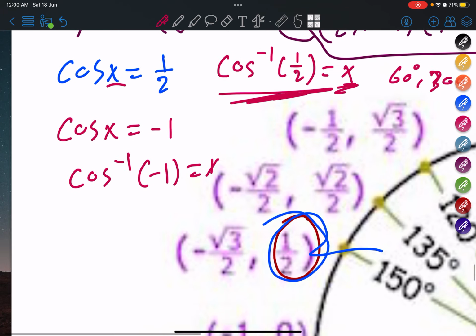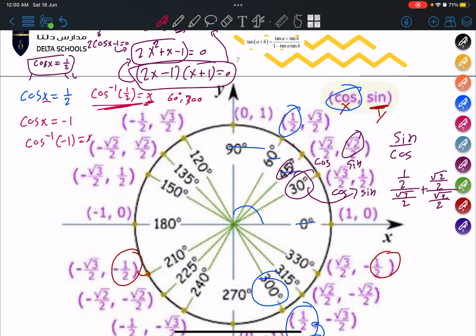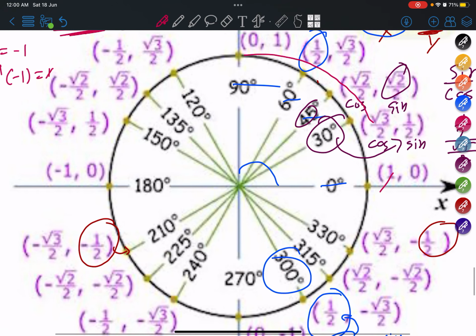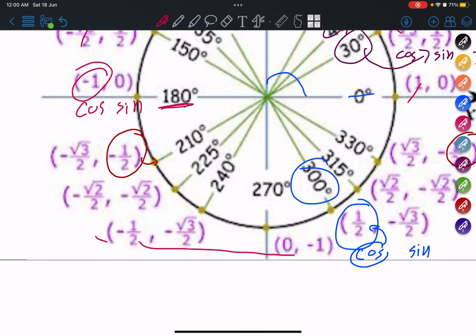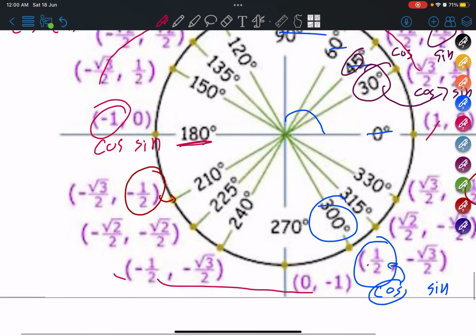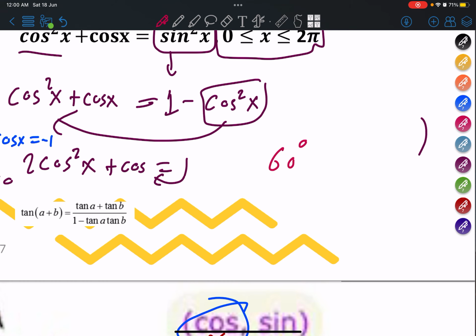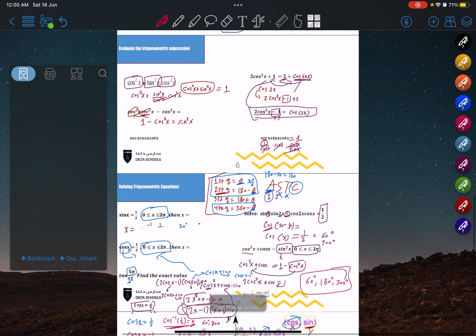And if you use the unit circle for the second one, let's try to find negative 1 for cosine. 180, that's one. So this is cosine, this is sine, to make sure that I remember it. So 180 is the first angle, and if we go around, it is only 180, which means that our final answer should be 60 degrees, 180 degrees, and finally 300 degrees. And that concludes our revision for the math.